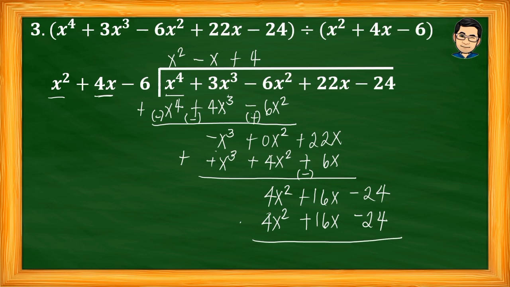Ang sagot po dito is 0. So, the quotient will be x squared minus x plus 4. So, again, multiply x squared minus x plus 4 to x squared plus 4x minus 6 to check if your answer is correct. So, dapat ang makuha po nating product is x to the 4th power plus 3x cubed minus 6x squared plus 22x minus 24.